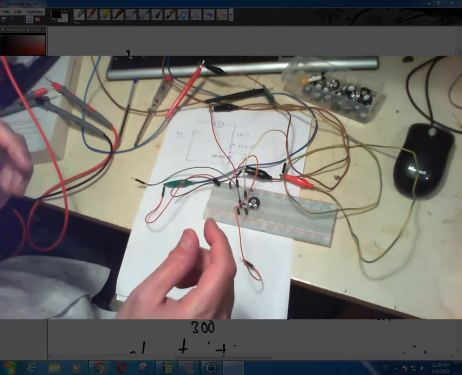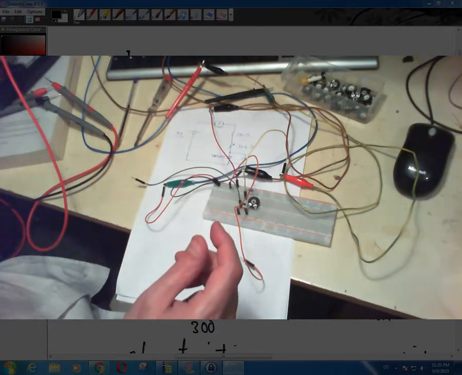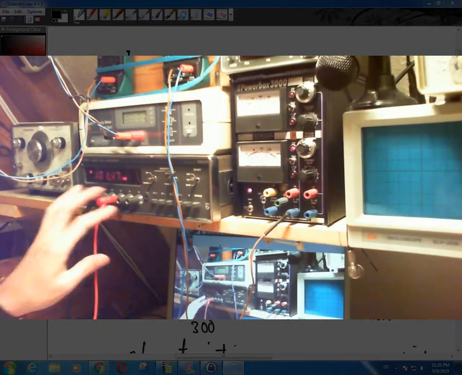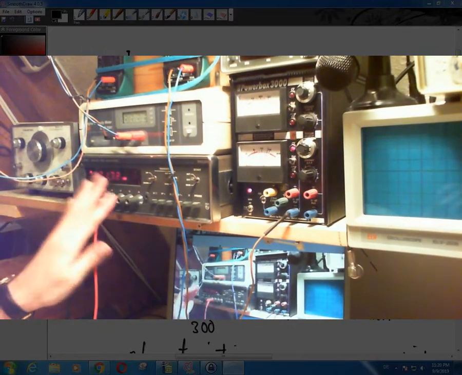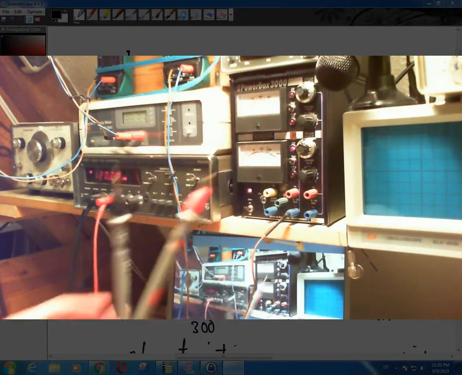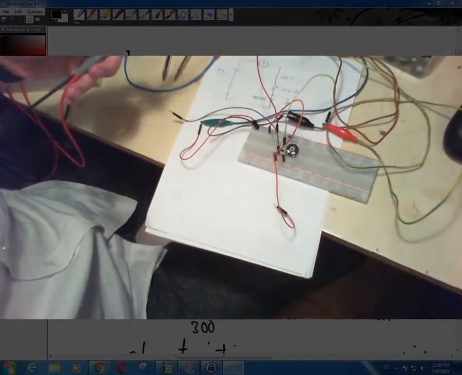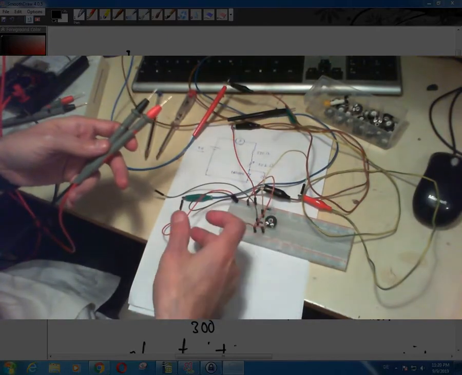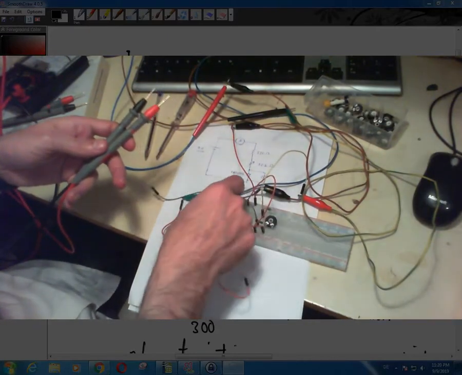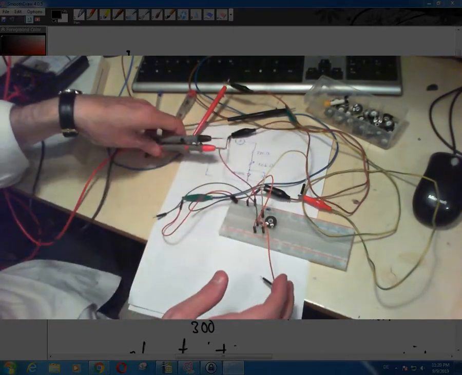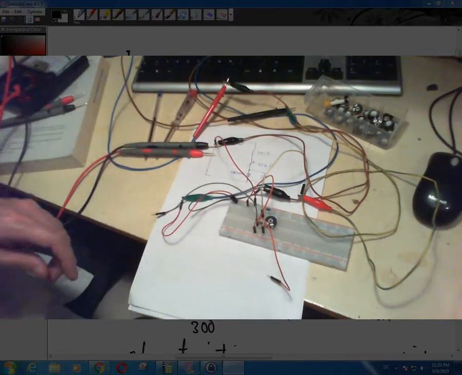And as the voltmeter, I'm going to use this voltmeter here, set it to volt DC, and these are the leads or the probes. So I connect the probes here to these two wires. But I need alligator clips to do that.